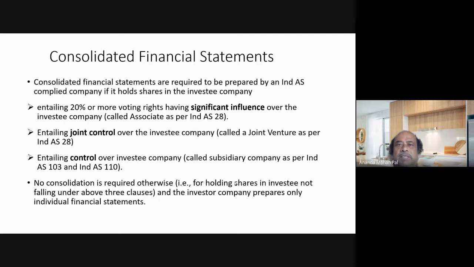Next part of my lecture, that is on consolidated financial statements. And this part is a bit more difficult than the previous one.